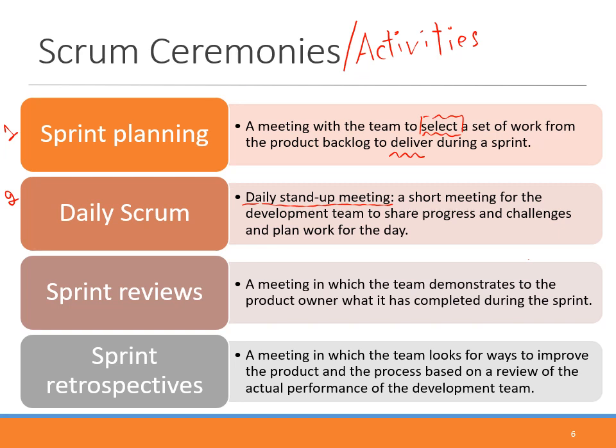If you sit, you have coffee, you have snack, you can meet for the whole day, and that's a waste of time. So the daily stand-up meeting is supposed to be a short meeting for the whole team to plan the work of the day.